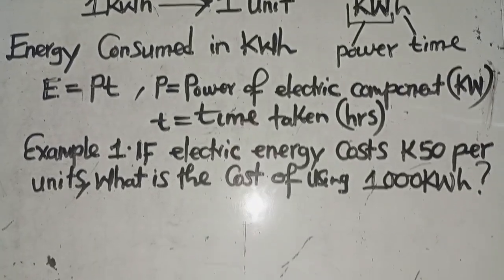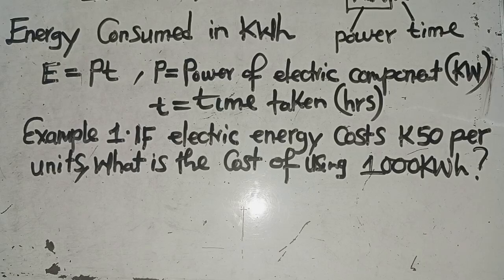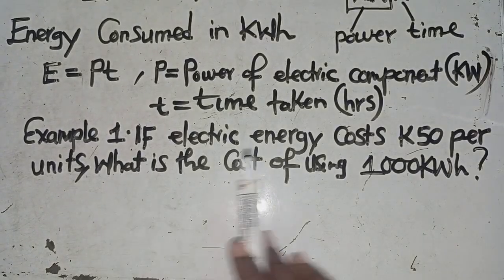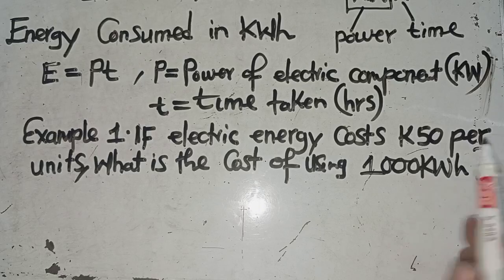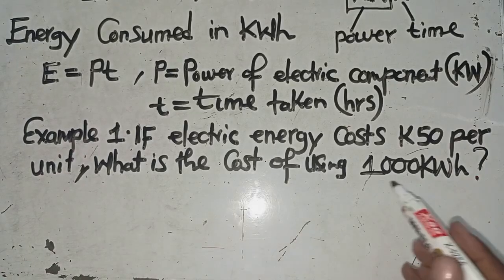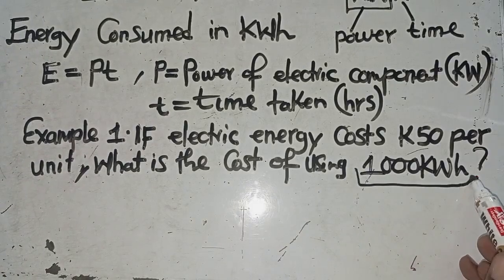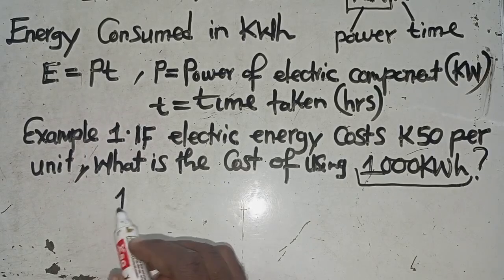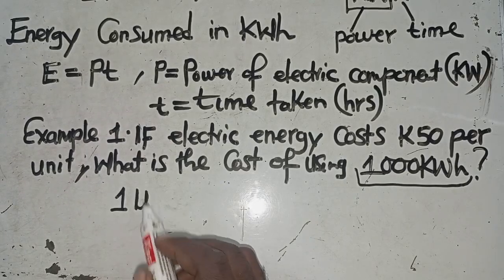So looking at this question, the question is telling us that if electric energy costs 50 kwacha per unit, what is the cost of using these ones? You know that 1 kilowatt hour is 1 unit.